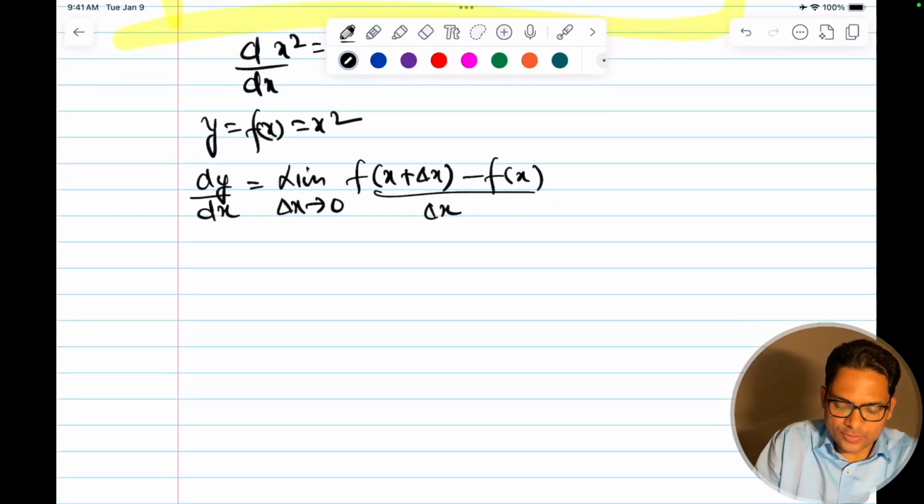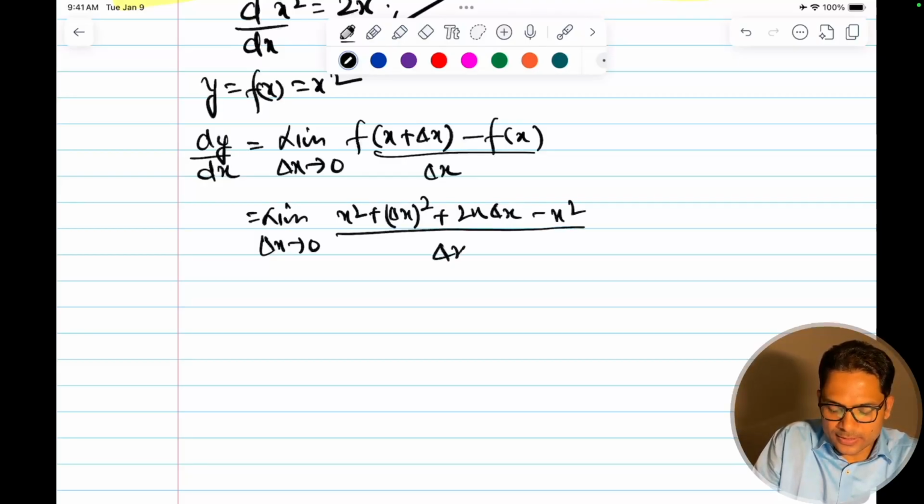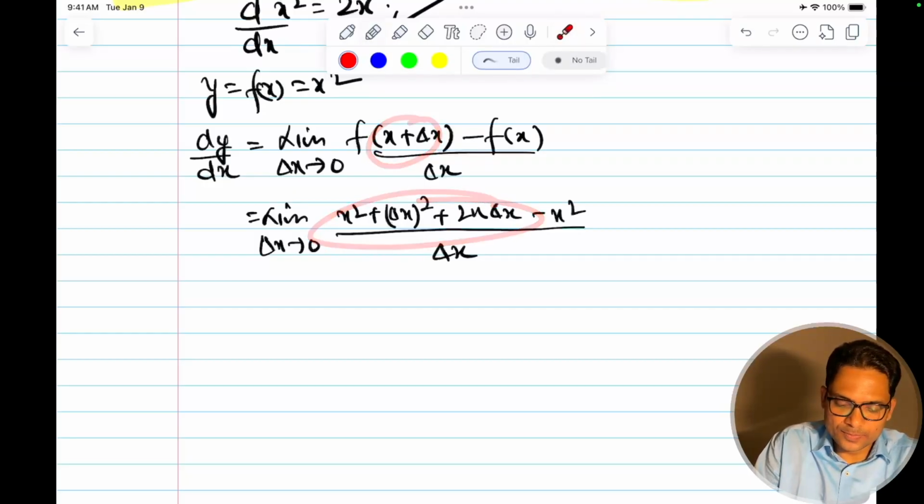My f of x is x square, so this is limit delta x tends to 0, x plus delta x whole square, which is x square plus 2x delta x plus delta x square, minus x square, by delta x. This is nothing but a plus b whole square. I've expanded it out.